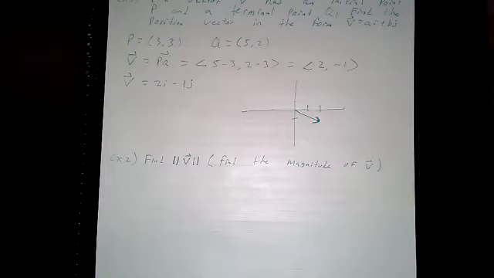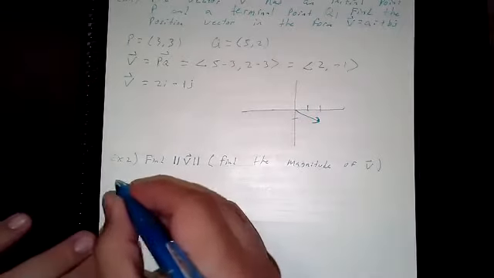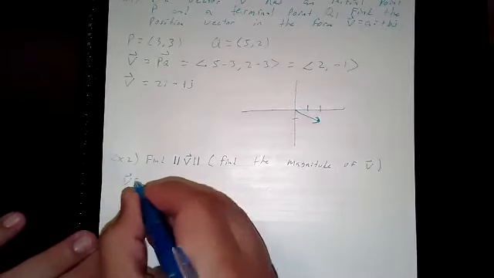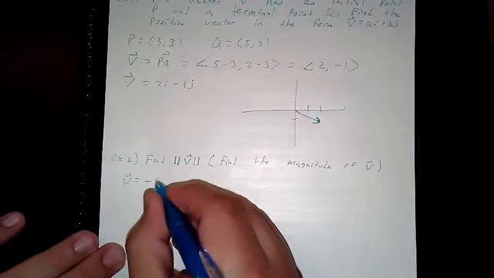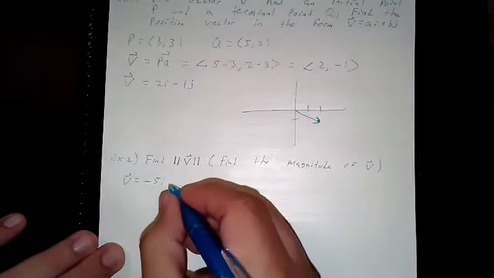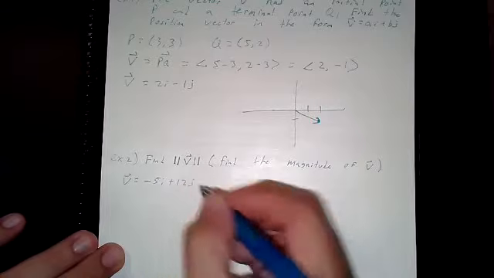Let me see what's a good v here. So v will be negative 5i plus 12j.